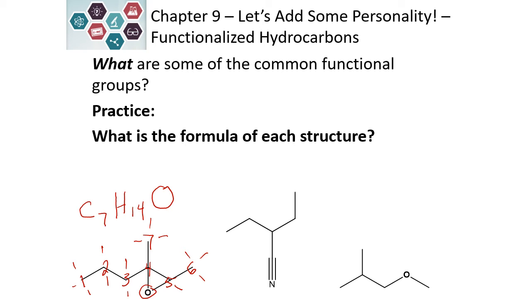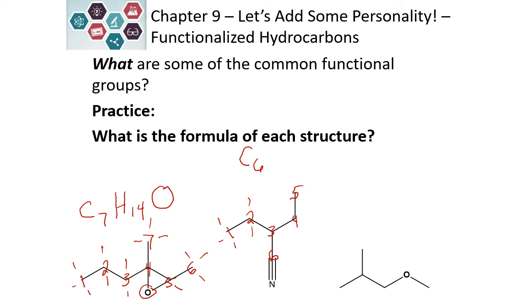We look at our next example. We have 1, 2, 3, 4, 5 carbons, 6 at the end of the triple bond. Because no element is written there, that is a carbon. So C6. Now we have to count our hydrogens. 1, 2, 3, 4, 5.